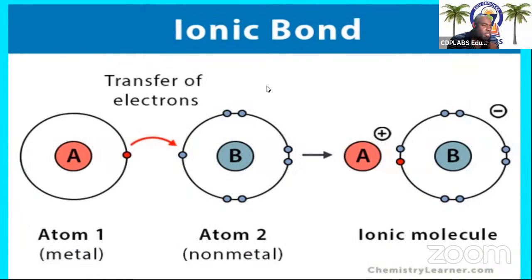I love to repeat because different diagrams express it different ways. Now, so we have atom 1, which is a metal. Atom 2 is a non-metal. And atom 1 transfers electrons to atom 2. And therefore, an ionic molecule is formed. Good? So an ionic molecule is actually being formed.